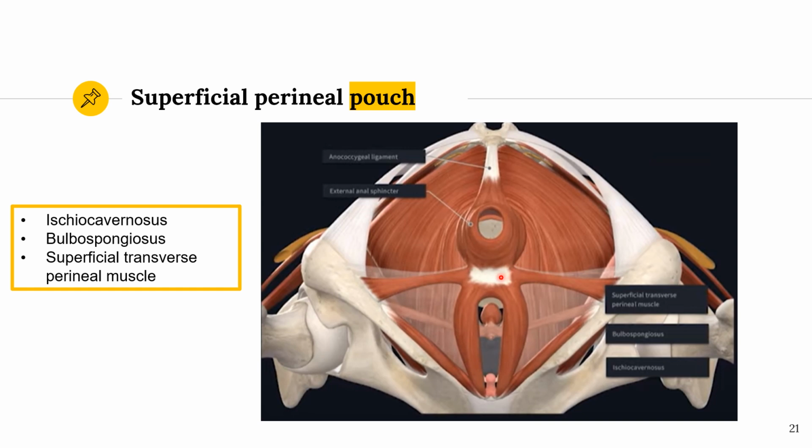They are superficial transverse perineal muscle, and you can see two other muscles are located superficial to the erectile tissues. We have ischiocavernosus superficial to the crura and bulbospongiosus superficial to the bulb. The primary role of these two muscles is to maintain erection by pushing blood to the clitoris, and they do not have much role on support.